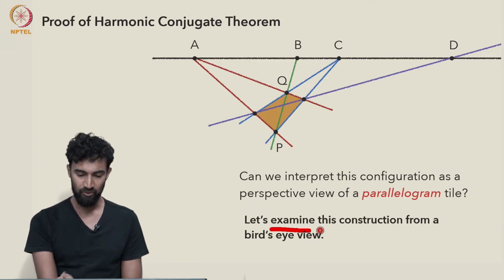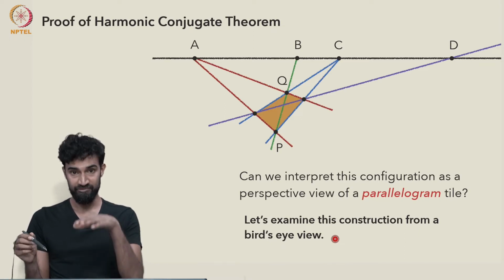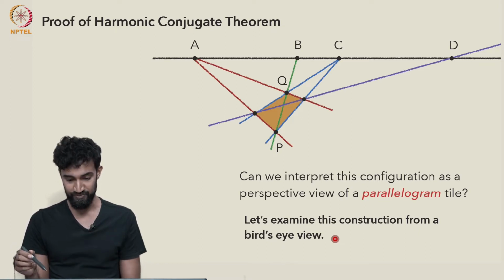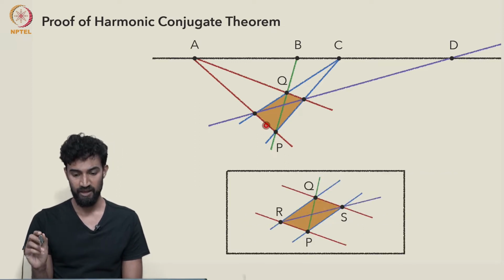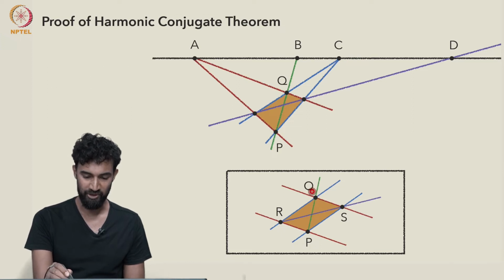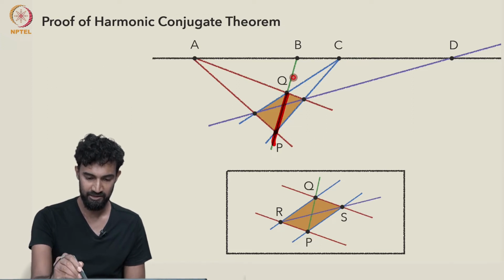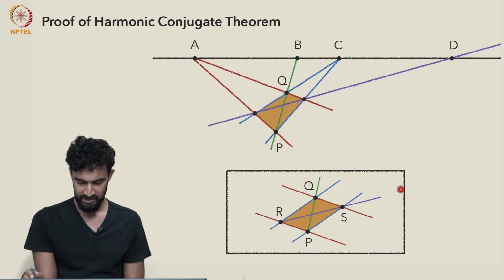And let's see how the construction that we just did plays out from a top-down bird's eye view, where this will actually look like a parallelogram. So here's a bird's eye view. Here are the points Q and P. I didn't mark R and S here just so it's less cluttered, but we have R and S over here.